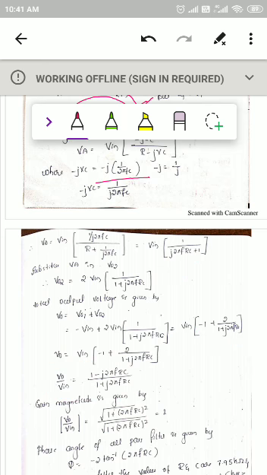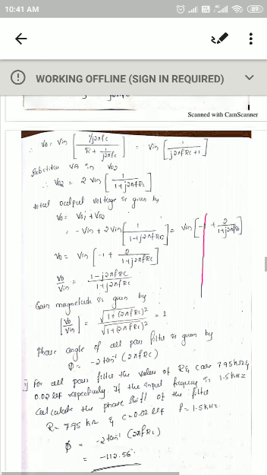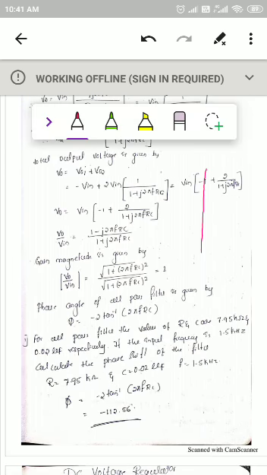Now you take the magnitude, to eliminate the imaginary terms. The magnitude of Vo by Vin is equal to square root of 1 plus (2 pi fRc) squared divided by square root of 1 plus (2 pi fRc) squared. So this and this get cancelled, which is equal to 1.